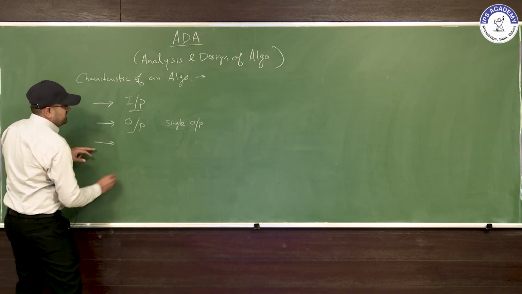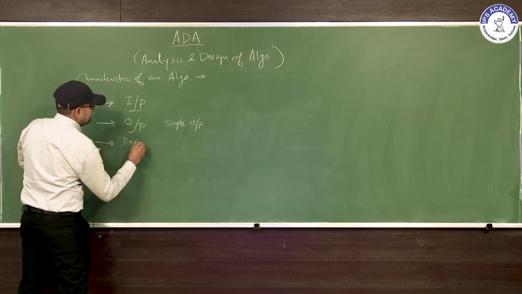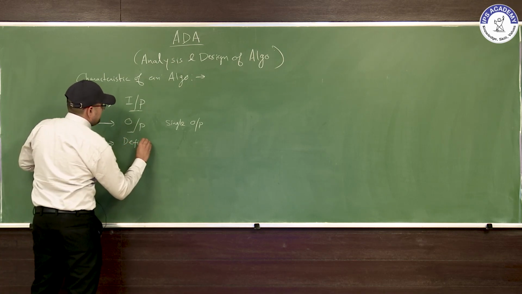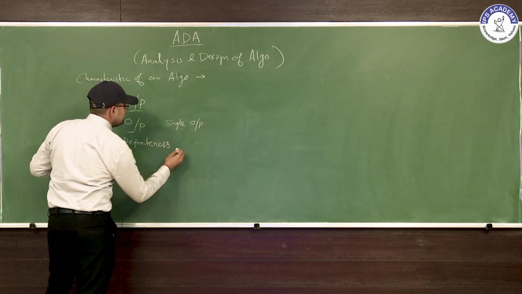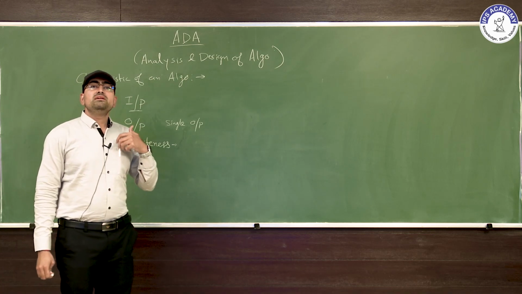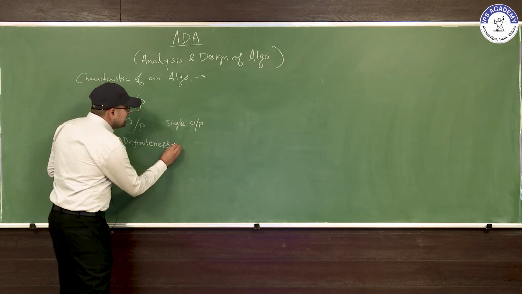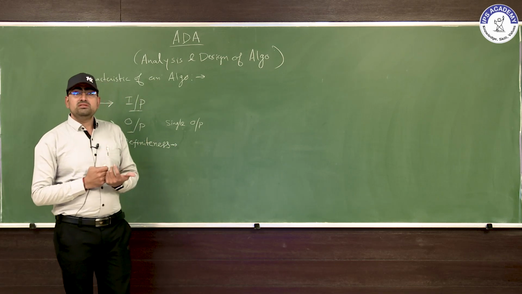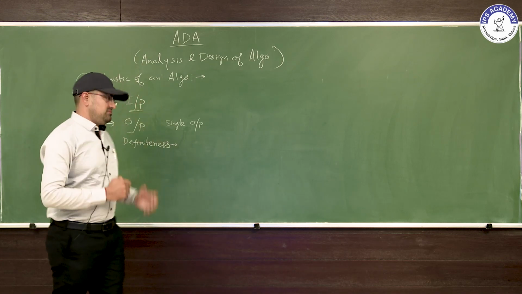Number 3 is definiteness. Our algorithm must be definite. That means it must be unambiguous and must show some specific things, right?